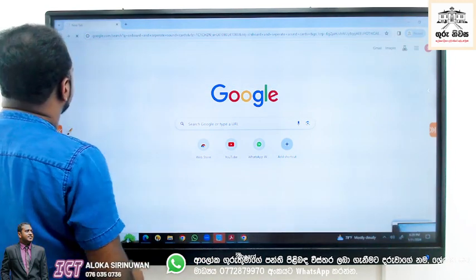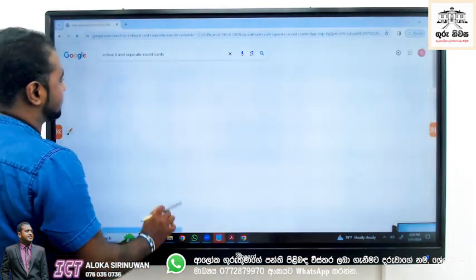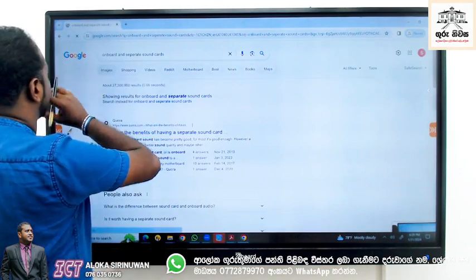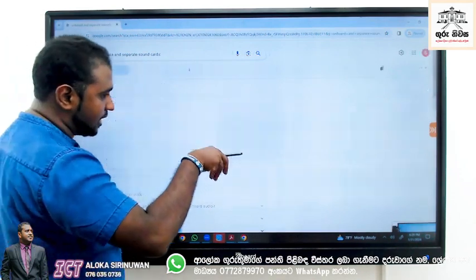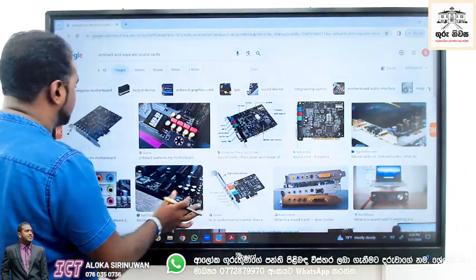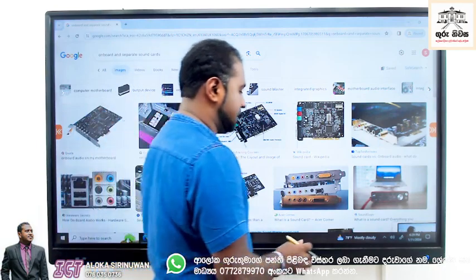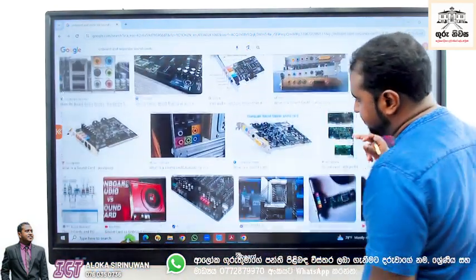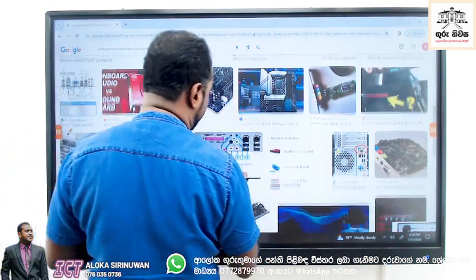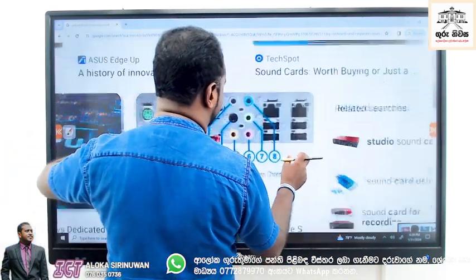You can see some images. The onboard sound card is there by default on your computer motherboard. Can you see everyone?